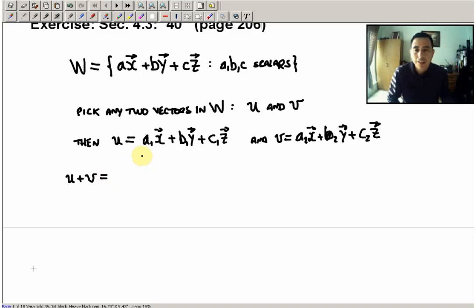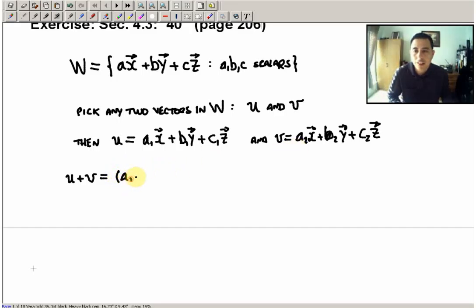Okay? Now let's add the two vectors, U plus V. If I add the two vectors, that means I'm adding these two expressions. And if I'm adding the two expressions, look at the first term, A1 X, A2 X. And in vector spaces, we can factor, right? It's the distributive property, one of those axioms. We can factor X out.